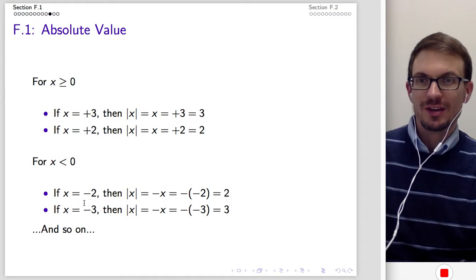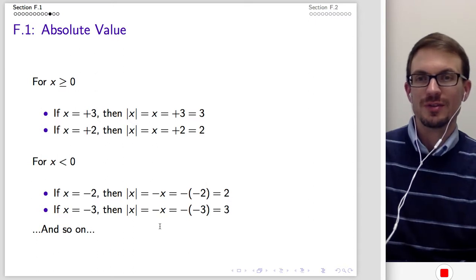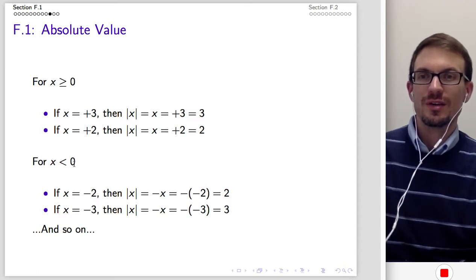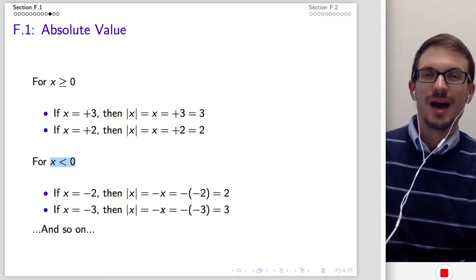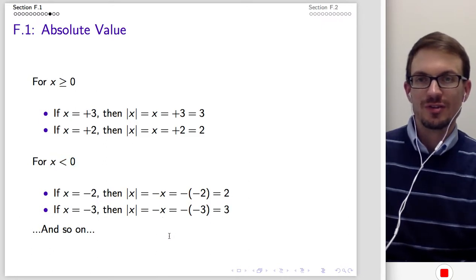If x is negative 3, the absolute value of that negative number is minus that minus 3, or positive 3. So if our input to the function is a negative x, then the output has to be its opposite. The opposite of a negative is a positive. So that's all that definition has given us.